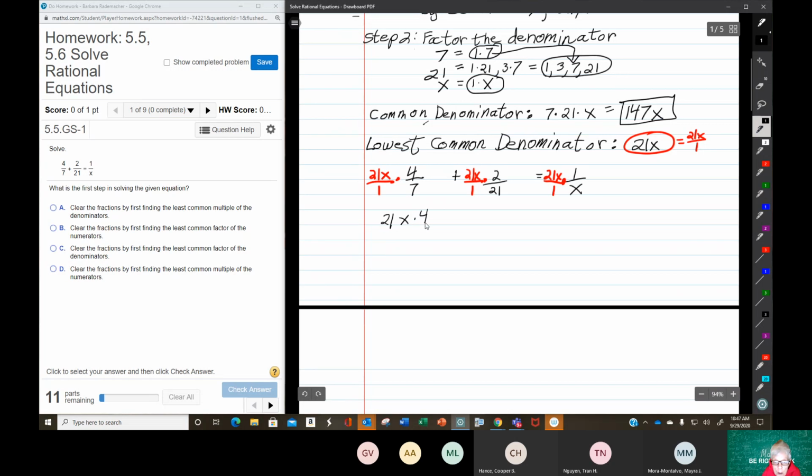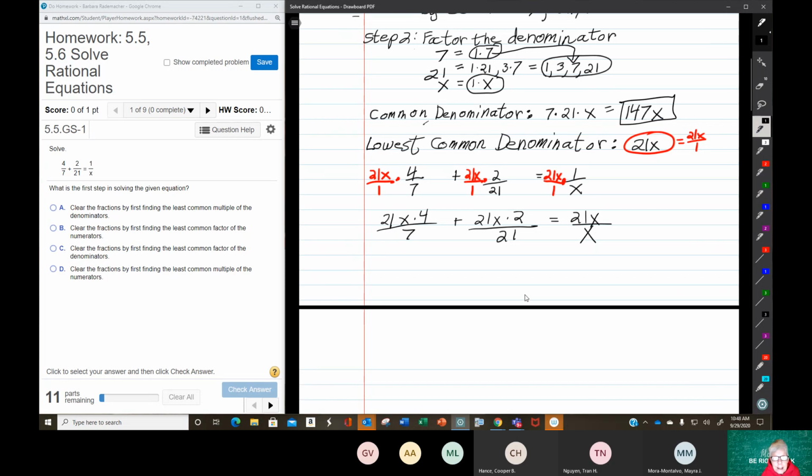21x times 4 over 7 plus 21x times 2 over 21 equals 21x times 1 over x.